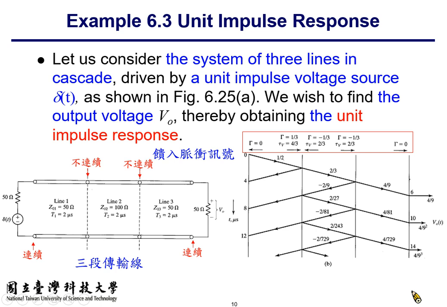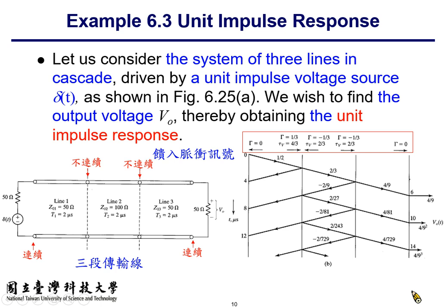The characteristic impedance of the transmission line system. So the voltage here would be 0.5 volts. Suppose that this is a unit voltage impulse source. Then the V plus signal will be half a volt. Okay, so you can mark that on the bouncing diagram.